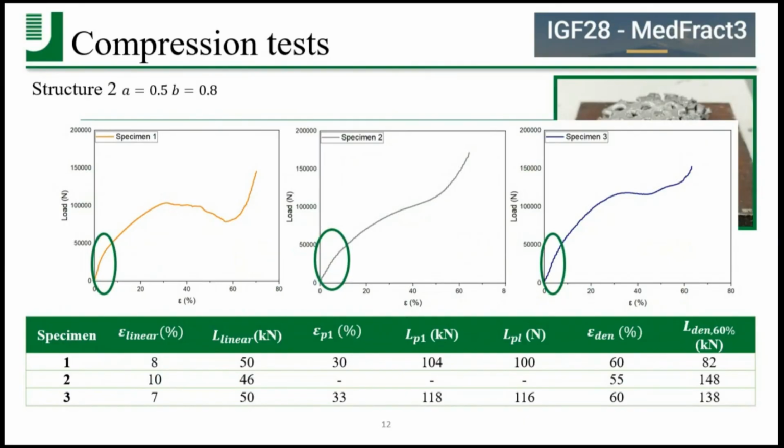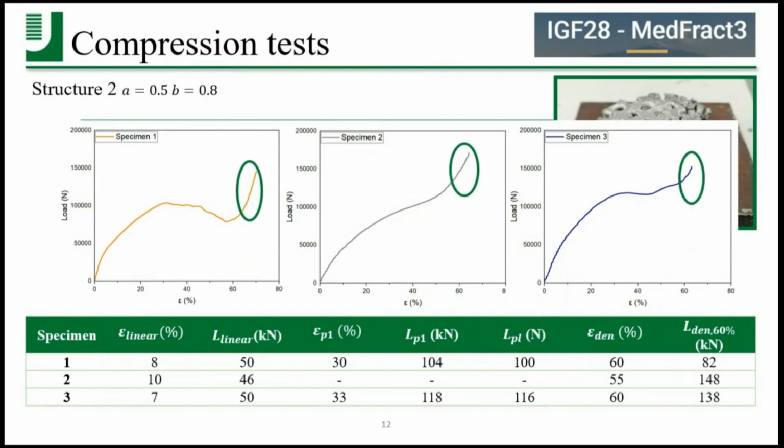We have an elastic region, plateau, and densification, but specimen 2 doesn't have a plateau. In fact, the load increases gradually with the deformation. And also in this case, the values in the table confirm the good repeatability of the test.